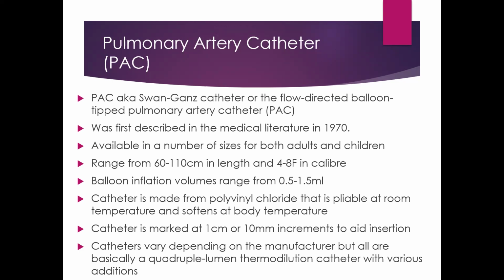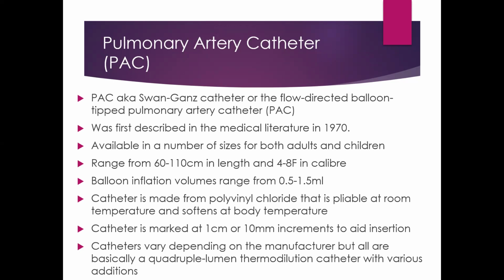You use your Seldinger technique, and during this it's important for us to know how it is done. You attach a pressure transducer to the distal end of your PAC catheter. As it passes through the right side of the heart, the right atrium, you see the venous waveforms.